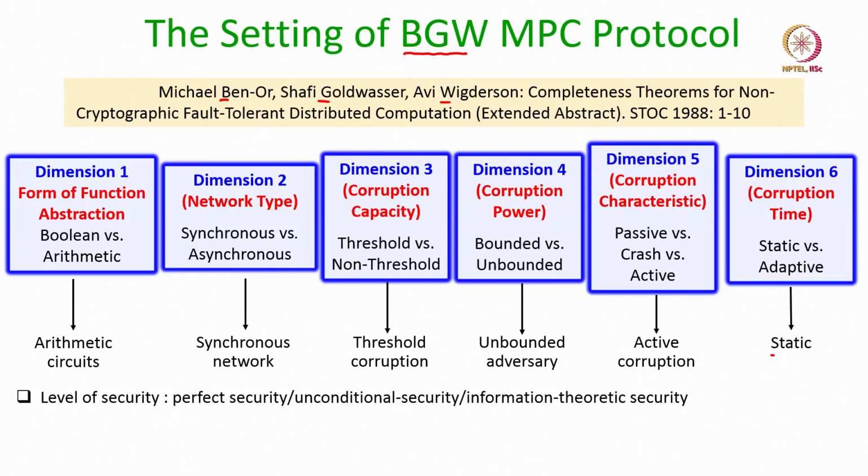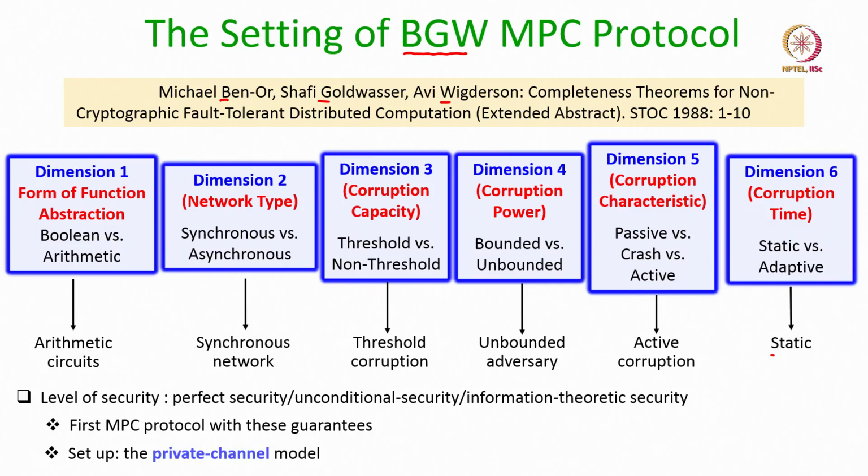Okay. So, the level of security which is provided or achieved by the BGW protocol is perfect security, often called unconditional security or information theoretic security, and it is the first MPC protocol with these guarantees. So, the setup assumed in the protocol is that of the private channel model.